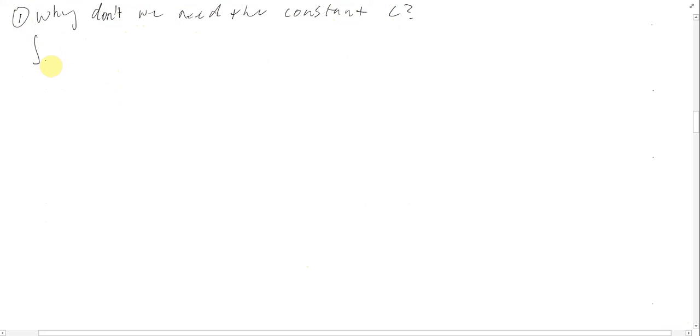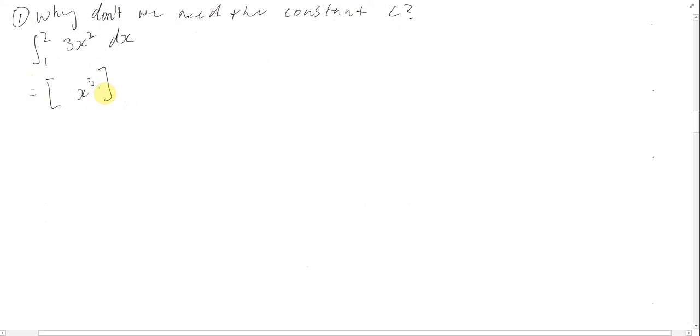So imagine we wanted to do the integral between 1 and 2 of 3x squared dx. Okay, so let's have a look, and this time I'll use the constant c. So obviously this is going to be an x cubed here. What do we need to get a 3? Just a 1, so we'll leave it.